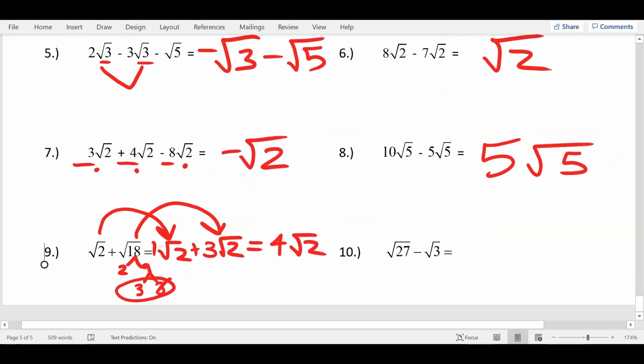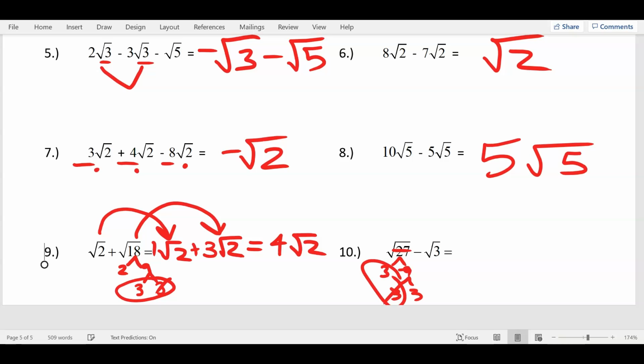Okay. Now 10 is just same idea. If you have a square root of 27 and a square root of 3, you can't add them the way they are. Well, let's break down 27. 3 times 9, 3 times 3. I have a pair of 3 and a loner 3.